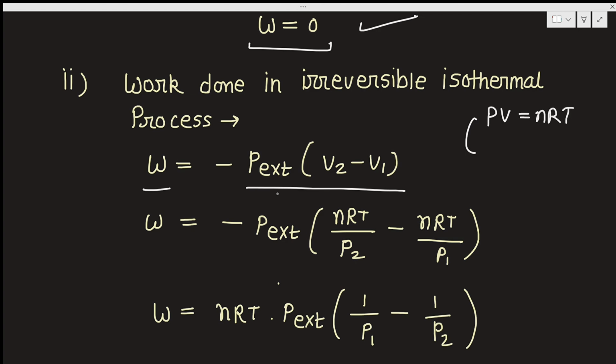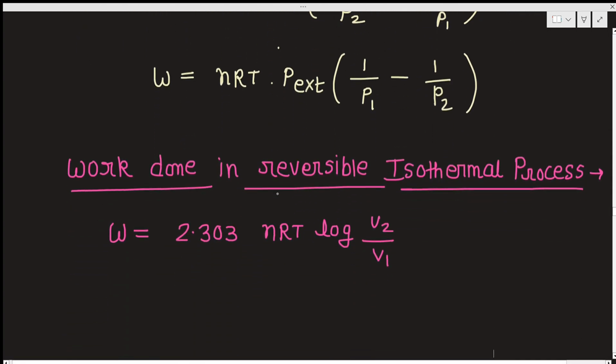So instead of V, you can write nRT upon P. If you have not been given the value of V, then you can put the value nRT upon P. So the formula now changes: W is equal to minus P external times (nRT upon P2 minus nRT upon P1). Or you can write it as nRT P external times (1 upon P1 minus 1 upon P2). In this manner, you can use either formula.